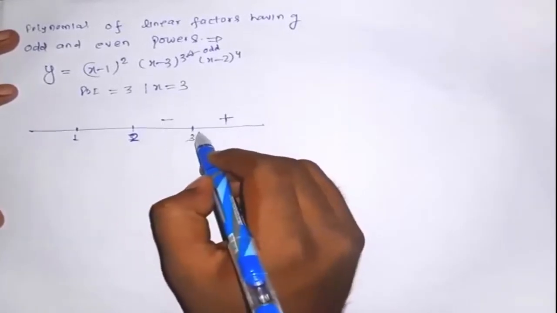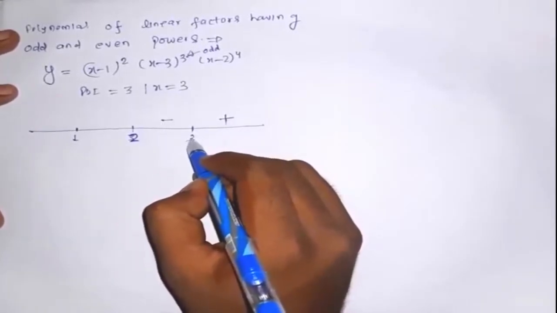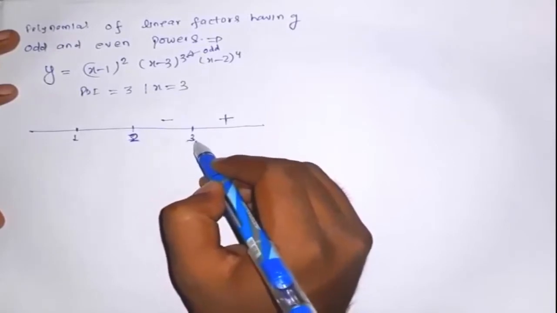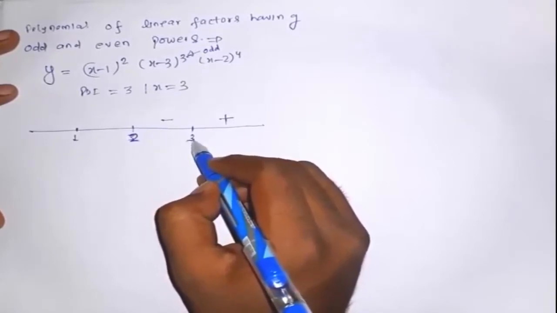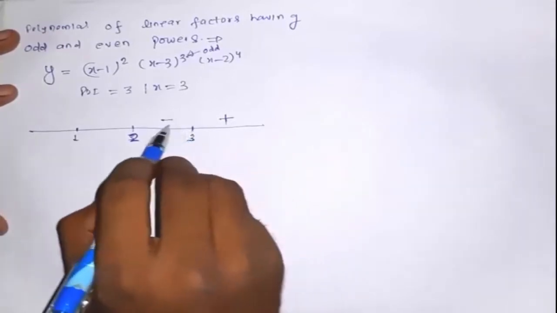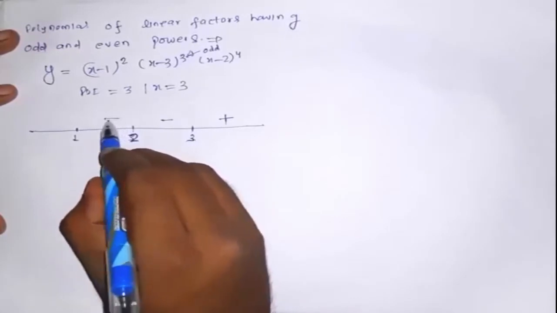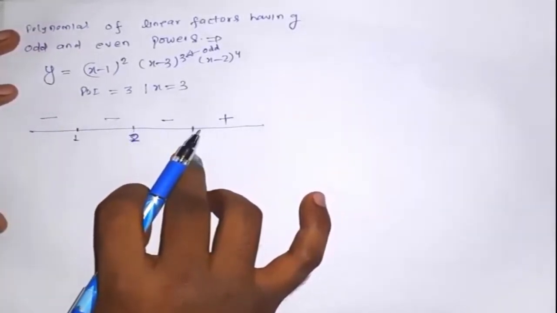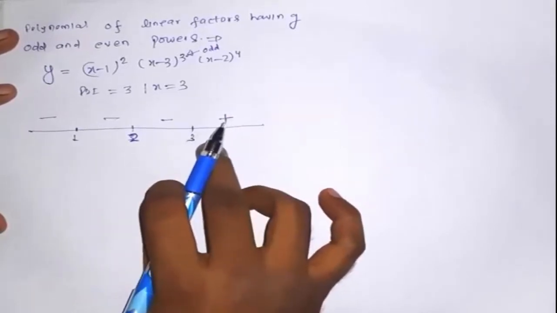So for x greater than 3, the whole function value will be positive. These other factors will always be positive for every value of x, so this value will be positive, and the rest of the areas will be negative, because we need to focus only on the points of inversion.